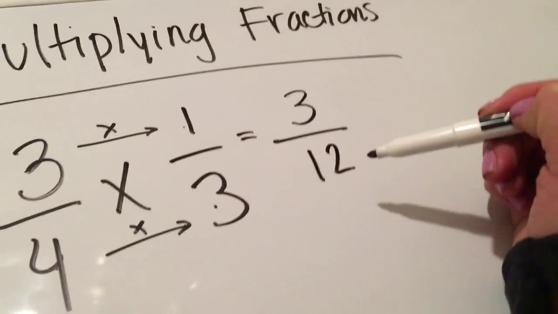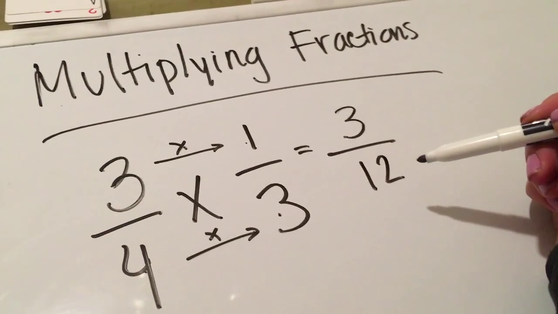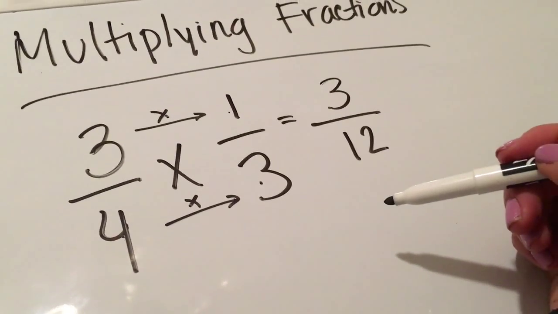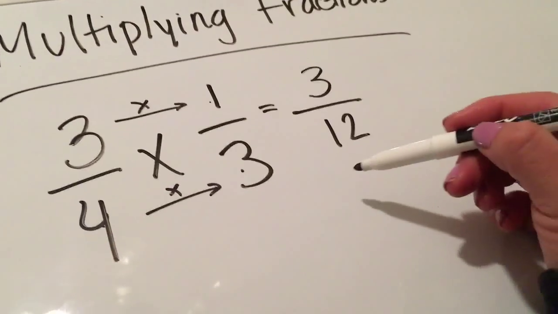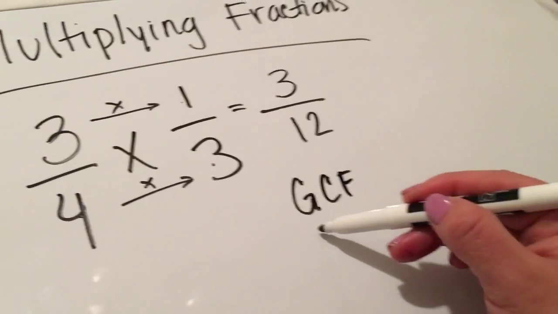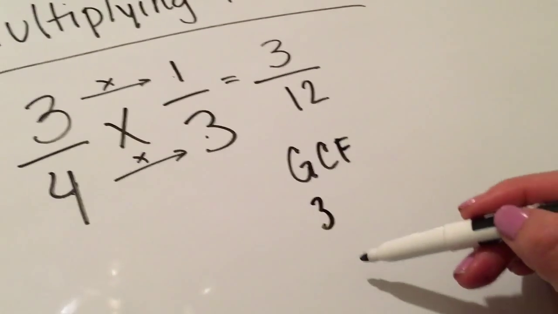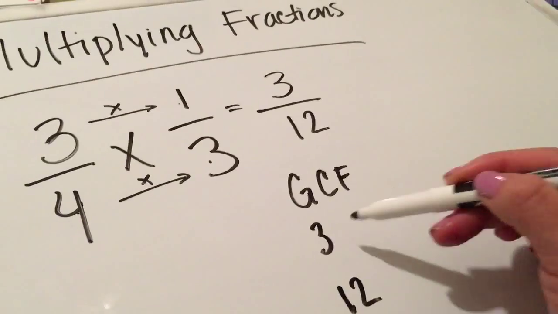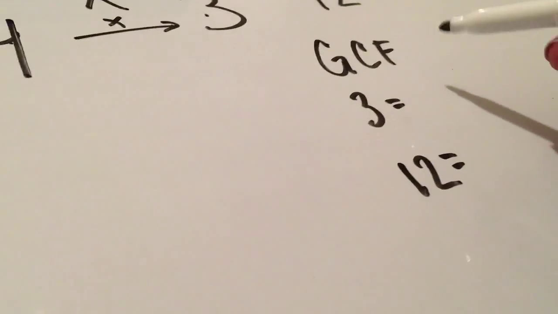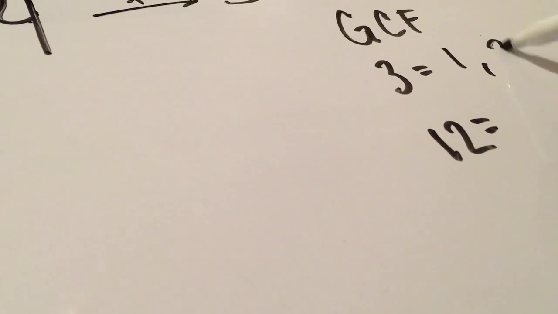Can we reduce this fraction? Yes. And how can we reduce a fraction? Looking for the greatest common factor. Yeah, we can look for the greatest common factor. So I would need to find my factors of 3 and 12. What are some factors of 3? Let me see. 1 and 3.